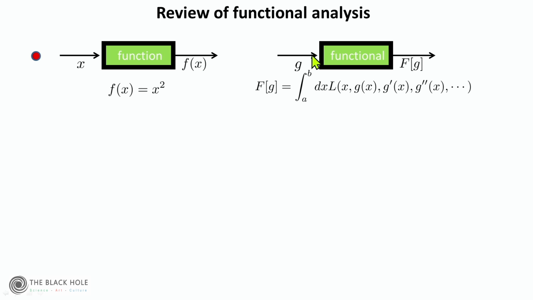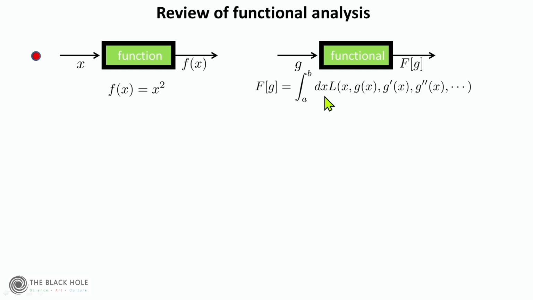Well, a functional takes as input a function, not a number, but a function, and it puts out a number which we shall call F of g. And F of g, for example, can be an integral over another function, that function being of x, the function g of x, the function g prime of x, and so forth.